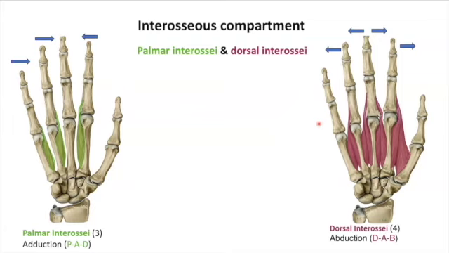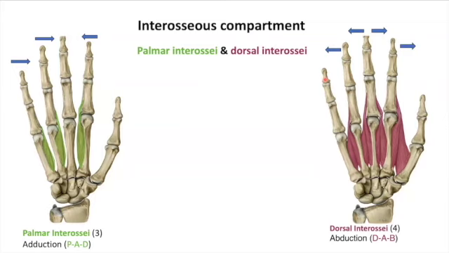But when we see the dorsal interossei, their action is abduction. And we have four dorsal interossei muscles. They act on ring finger, middle finger, and index finger. Thumb and little finger don't have dorsal interossei muscles. As you know, in the thenar and hypothenar, we have abductor muscles.